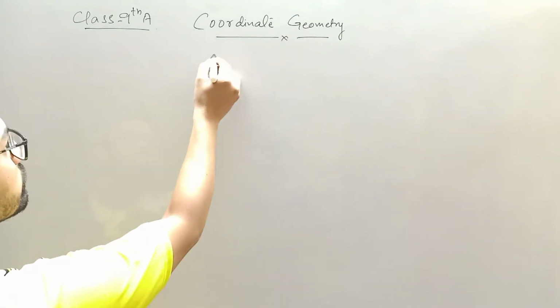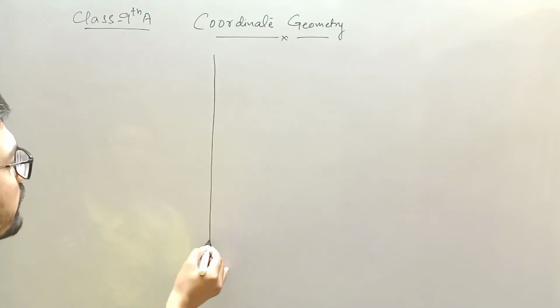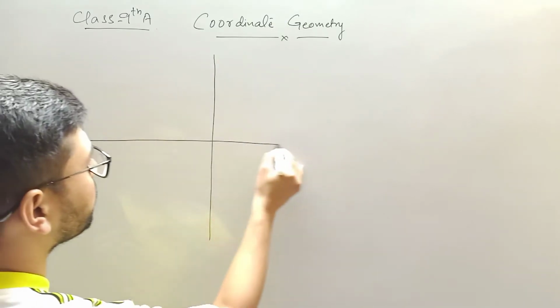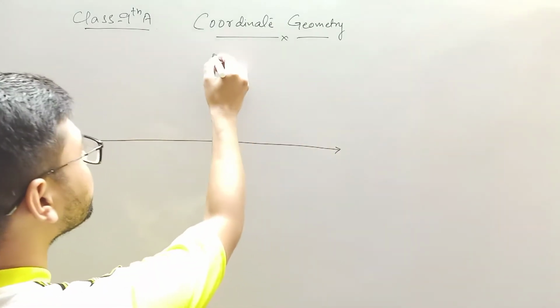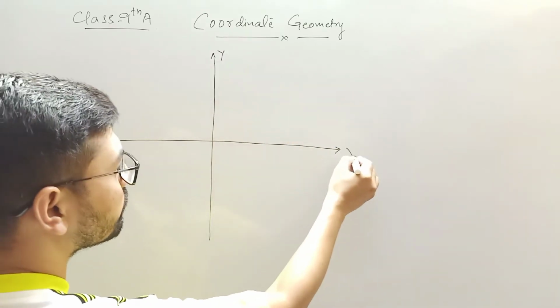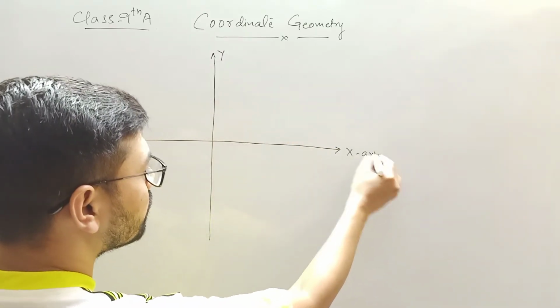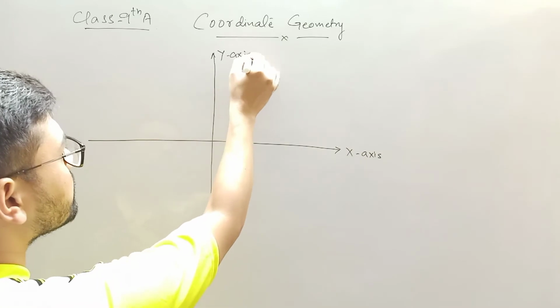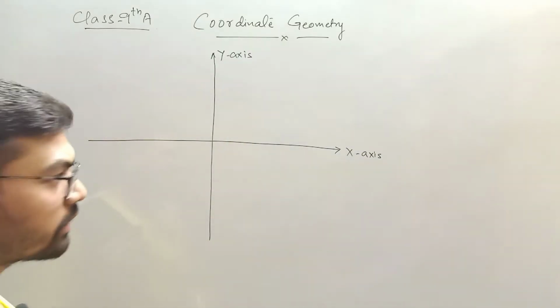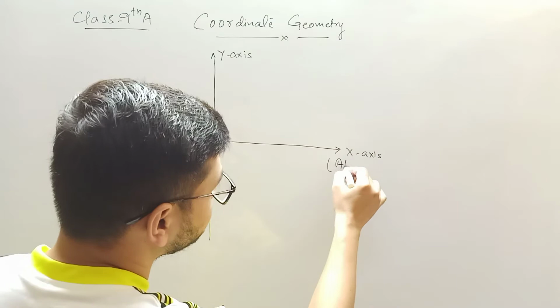Now the next thing is, let's say I have the x-axis and y-axis. This is the x-axis, this is the y-axis. The x-axis is also known as abscissa and the y-axis is also known as ordinate. Remember these points.